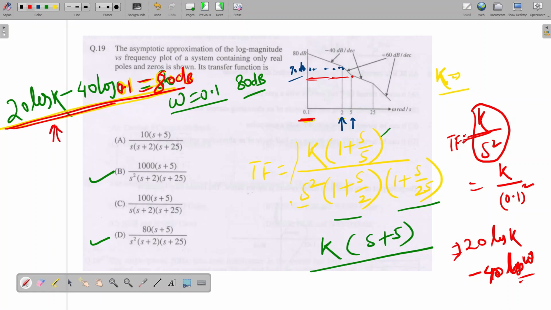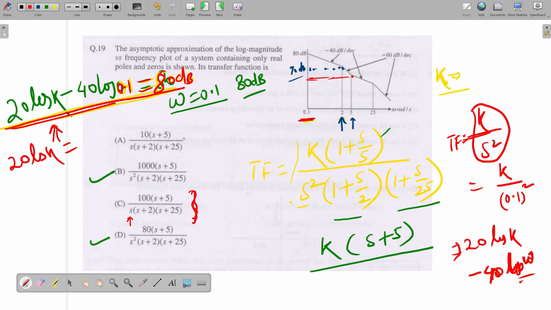Now what is the value of k from this equation? You can just use a calculator and tell me. Log 0.1 is minus 1. So 80 minus 40 gives 20 log k equal to 40. Some students say the answer is C, but S square should be there, and in C, S square is not there.